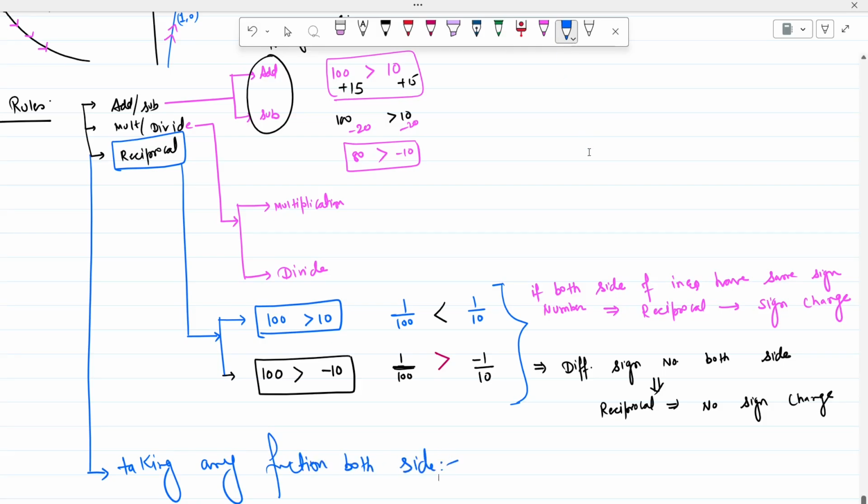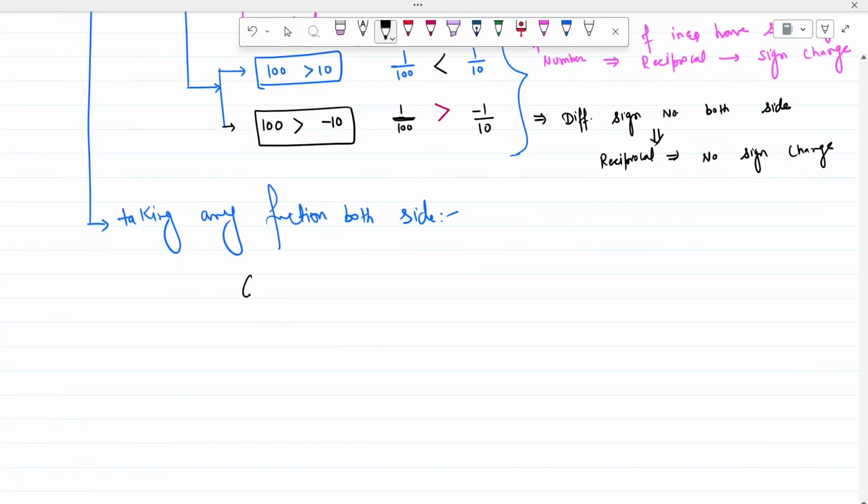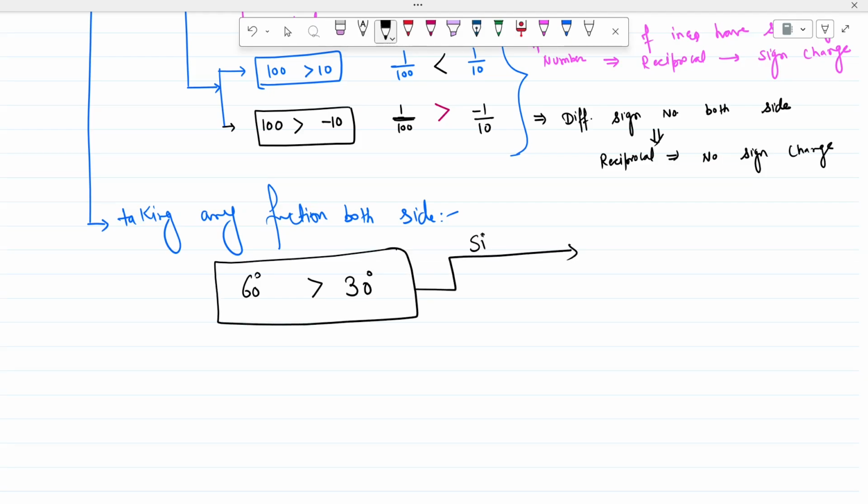Then I will conclude. Suppose we know that 60 degrees is greater than 30 degrees, right? And if we are taking sine on both sides, so sine 60 and sine 30, do you think that the inequality gets changed?